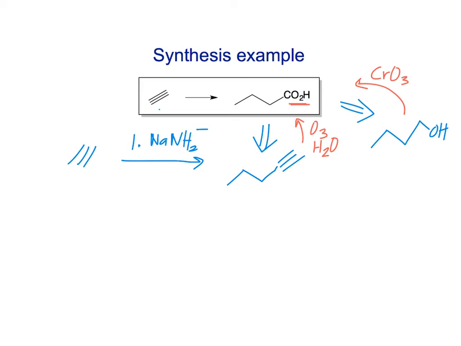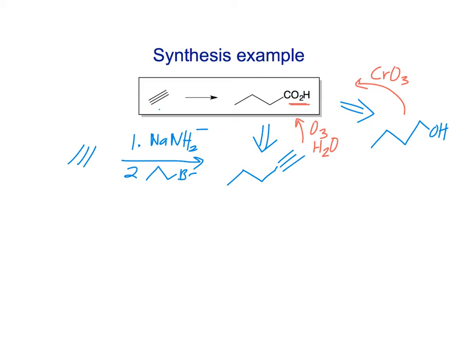Remember that deprotonates acetylene to form the acetylide anion. We want to add 3 carbons to that, so we want to add something like bromopropane, and that's going to add on that chain. We then do the ozonolysis, and it directly gives us the product, right? So in only 2 reaction steps.